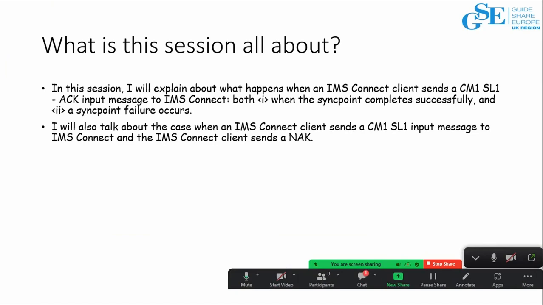And I'll talk about both the cases, when the sync point completes successfully and when there is a failure of sync point. Also, I'll talk about a third scenario when an IMS Connect client sends a CM1 SL1 input message to IMS Connect, but this time, instead of the IMS Connect client sending an ACK or a positive acknowledgement, it chooses to send a negative acknowledgement, or what we call a NAK, right? So in theory, we will talk in detail about all these three different scenarios.